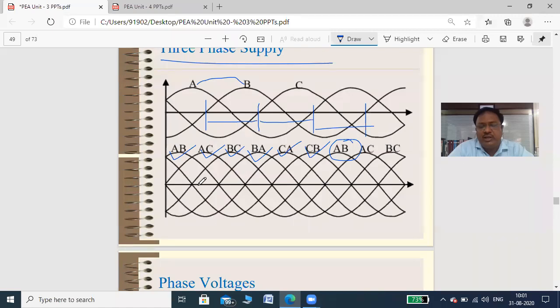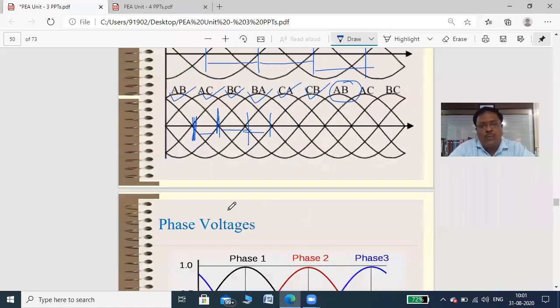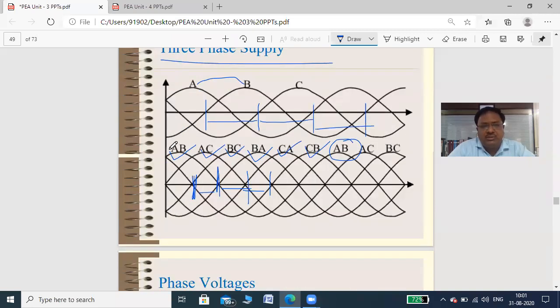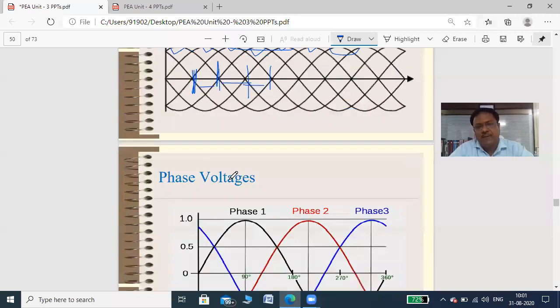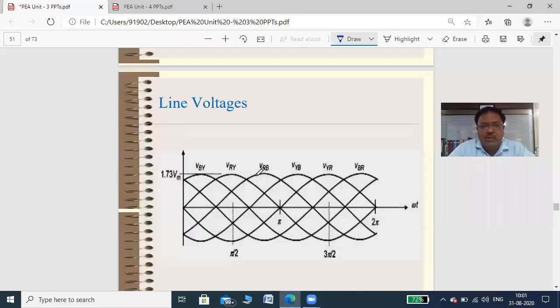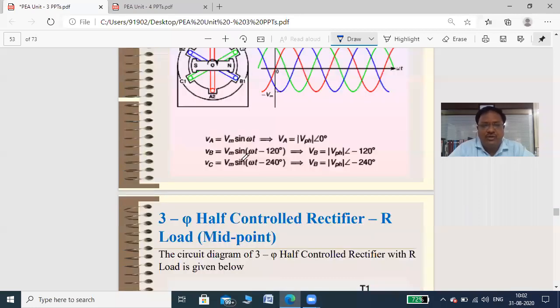The phase difference between two line voltages is 60, again 60, 60, and so on. So six line voltages, 60 each, total 360. Similarly, 120, 120, 120, total is 360. We have already seen how to generate three phase and everything.